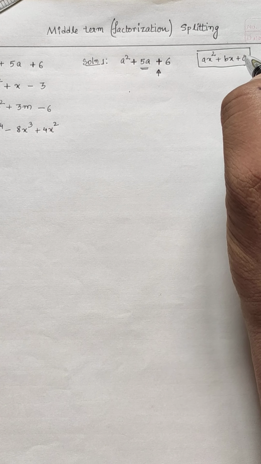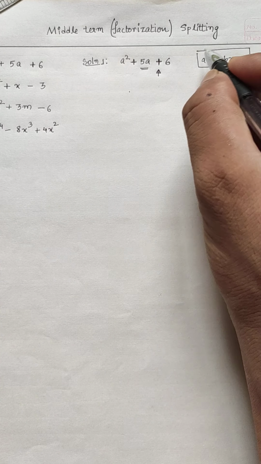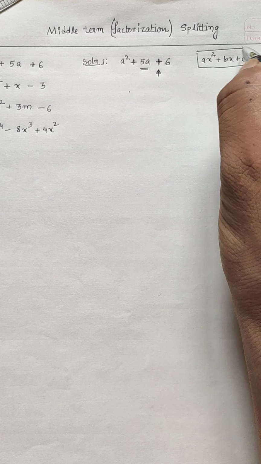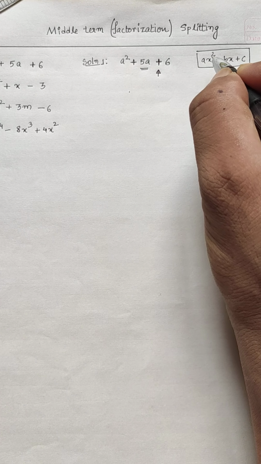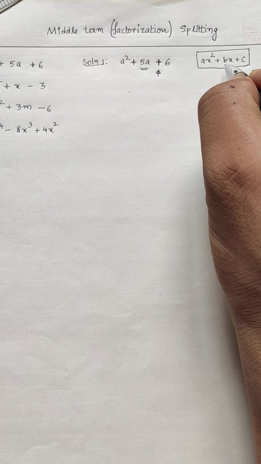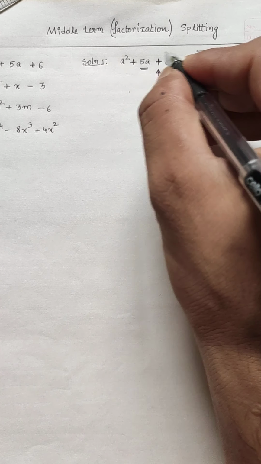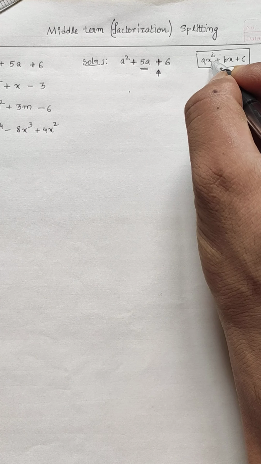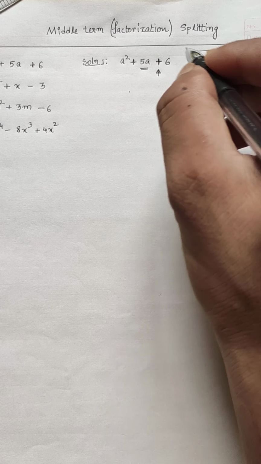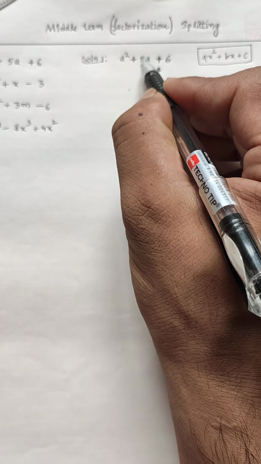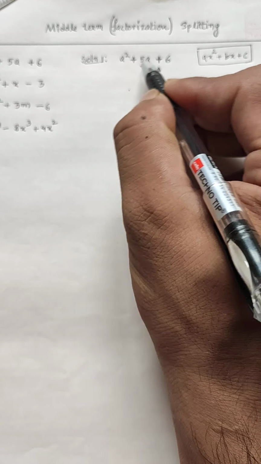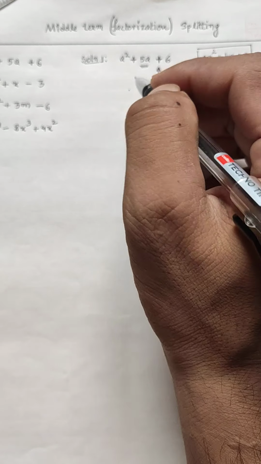We can solve or factorize this quadratic equation by middle term factor, and here a, b and c are constants and x is the variable. For this question a is the variable and 5, 1 and 6 are the constant terms.